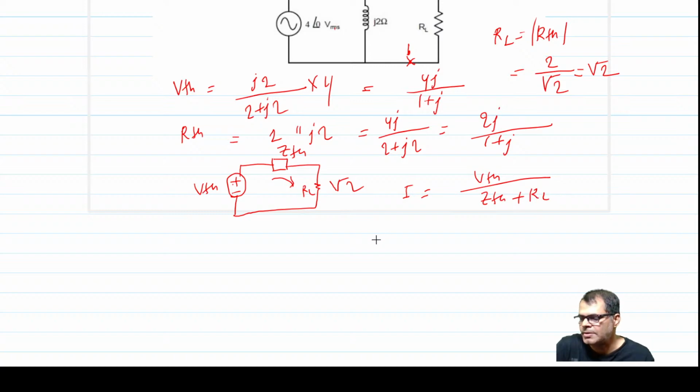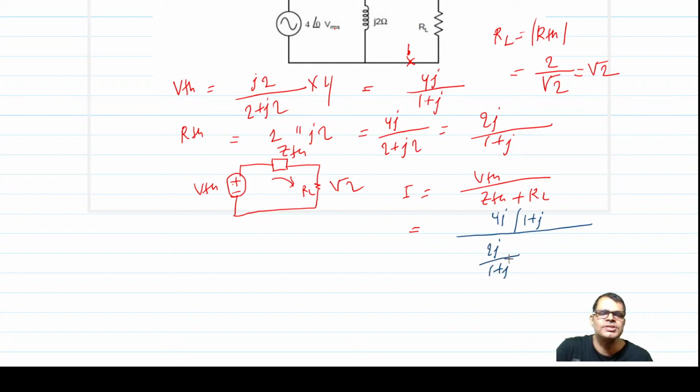For maximum power transfer, your RL is root 2. So what is the VTH? VTH we have just calculated, that is 4J upon 1 plus J. Clear? Then ZTH is 2J upon 1 plus J, plus root 2.